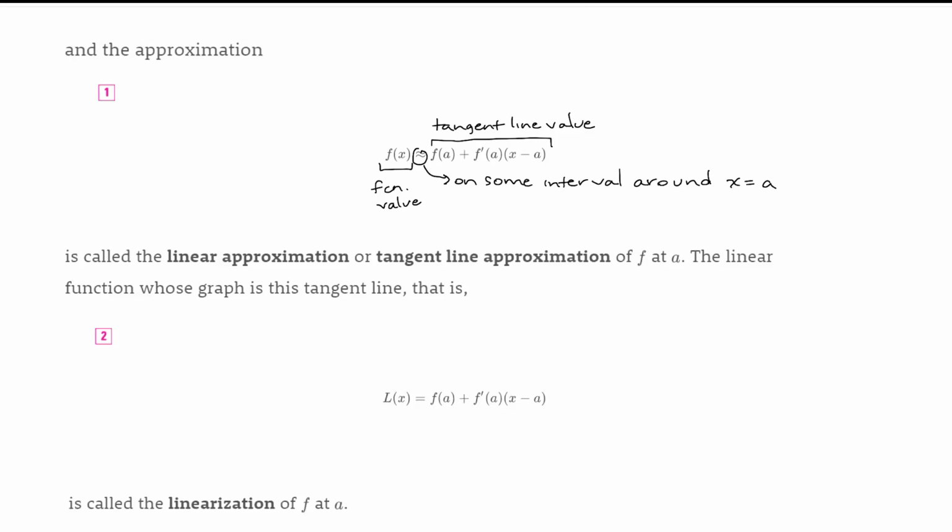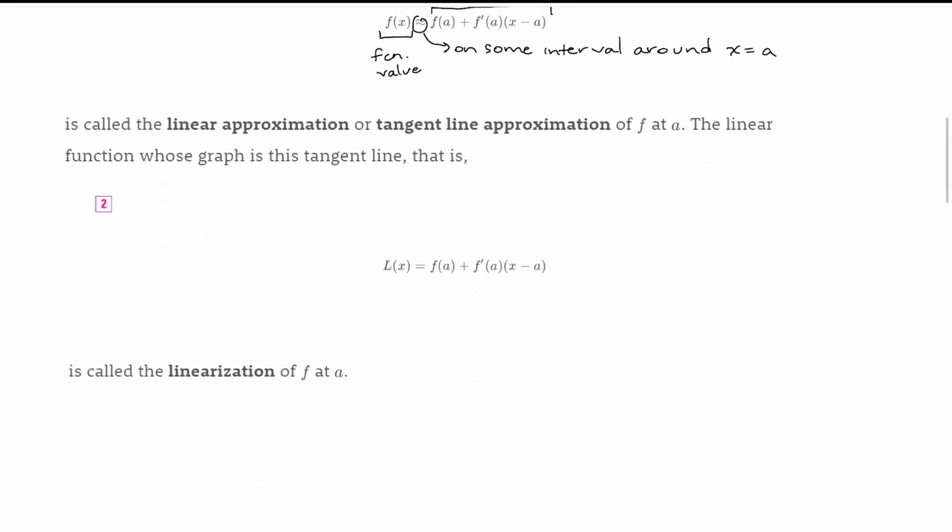And it tells us here that that approximation is called the linear approximation, or the tangent line approximation of f at a. Right? So again, now we're labeling that tangent line equation with capital L for line. That's also called the linearization of f at a.